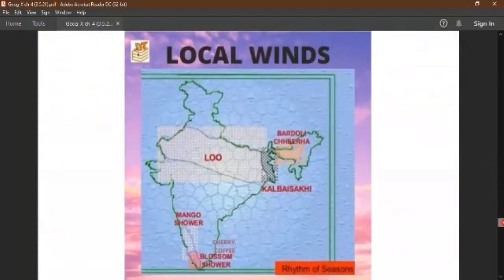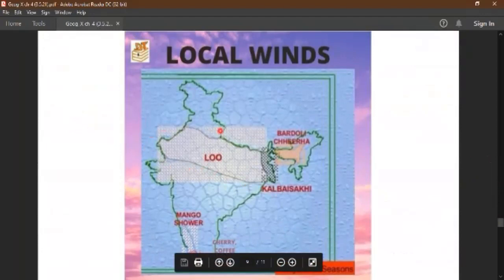So here it is. The entire northern plains are being affected by Loo during the summer season. So this is one of the local winds.